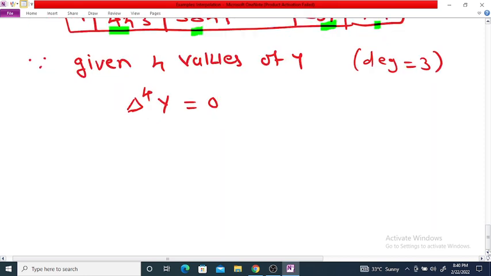We know the relation between delta, the forward difference, and the shifting operator: delta is equal to e minus 1. So (e minus 1) raised to 4 y0 is equal to 0.